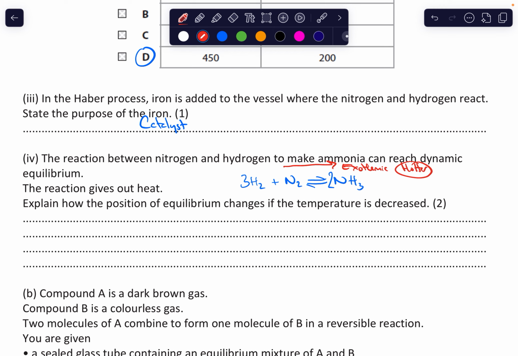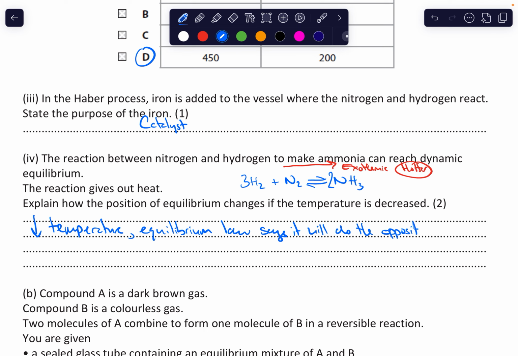So what we have to do here is remember that if we try and decrease the temperature, then equilibrium law, so you may know that as Le Chatelier's principle, says it will do the opposite.